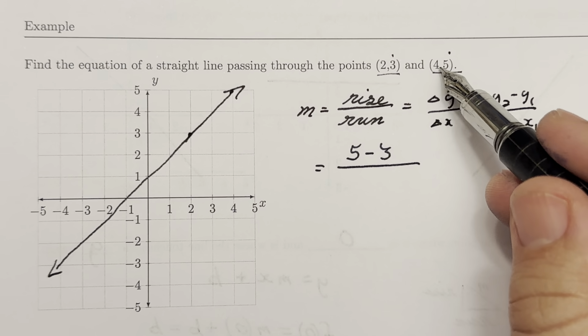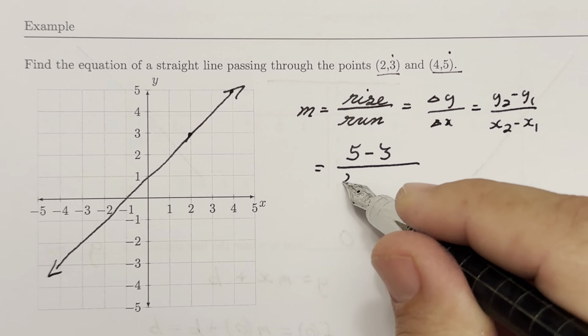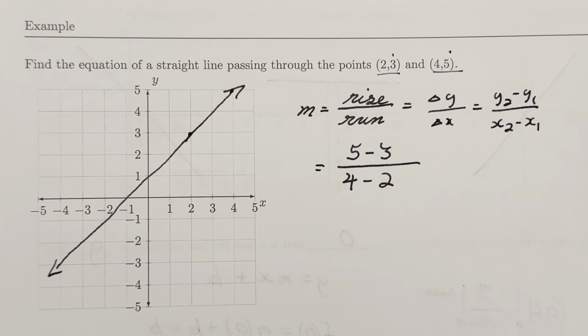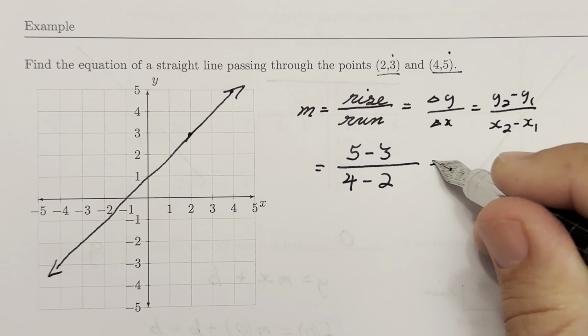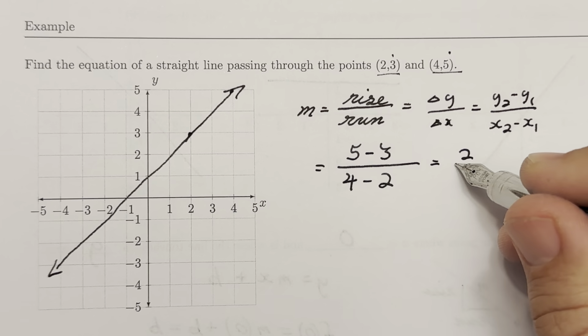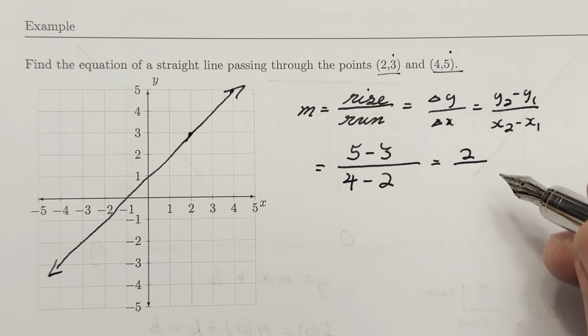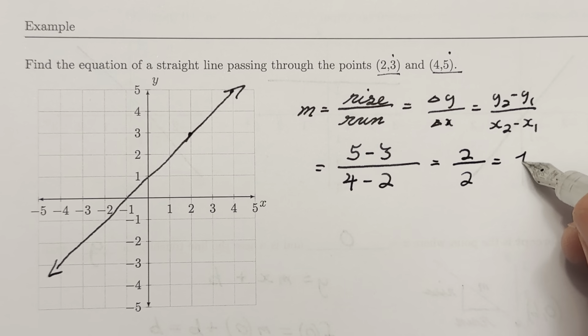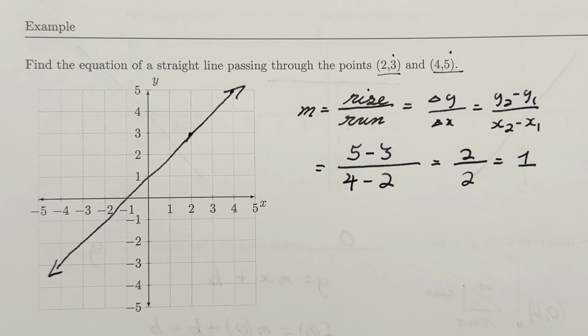And our change in x, that's 4 and 2. Just like that. All right, so 5 minus 3 is 2. 4 minus 2 is 2. Telling us that our slope is just 1.